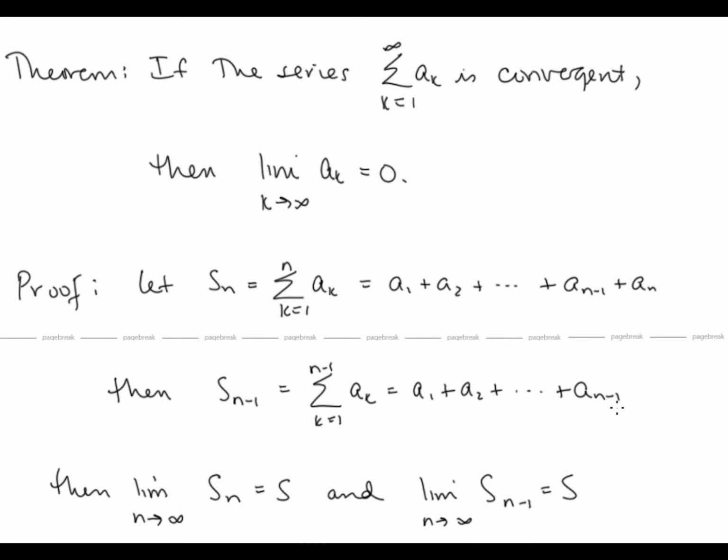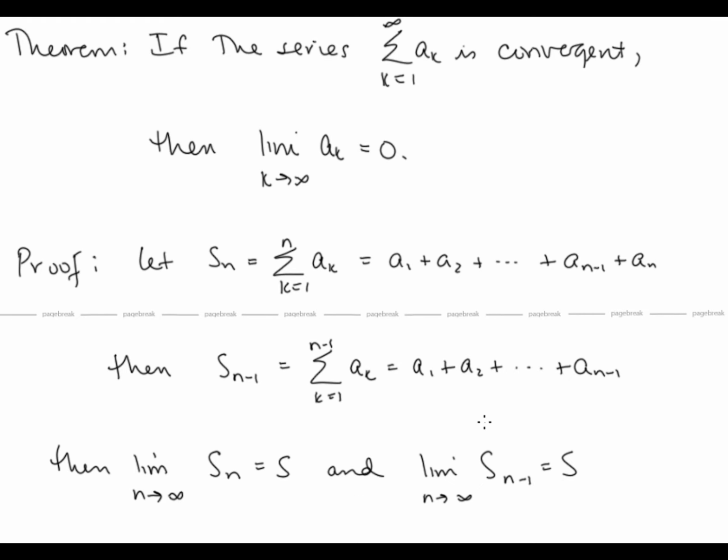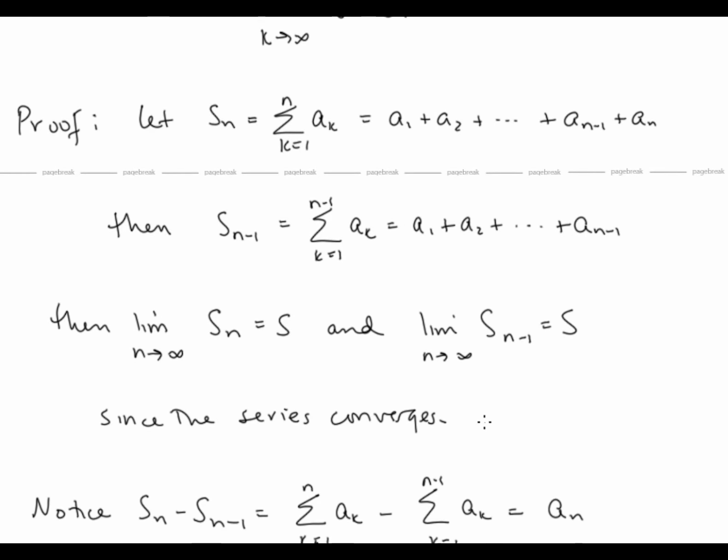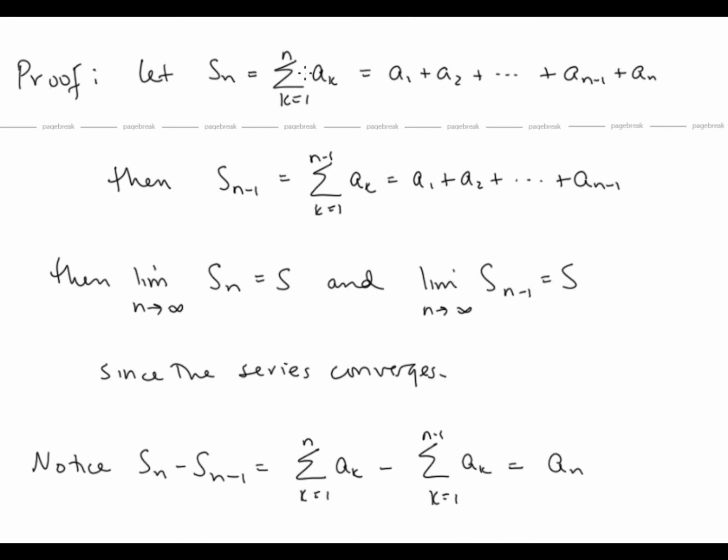And both of these partial sums have a limit s, because we're saying the series is convergent. Well, let's take a look at the difference of these two partial sums. S sub n minus S sub n minus 1 is just the term a sub n. So this difference is just a sub n.